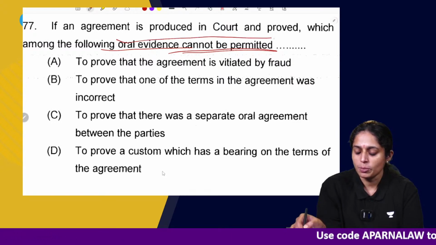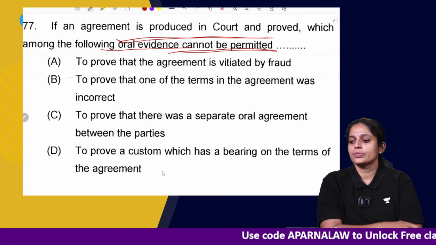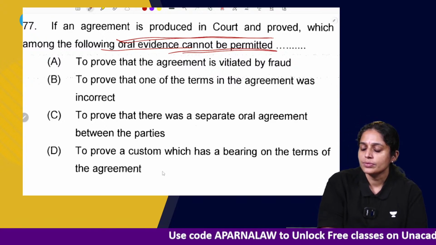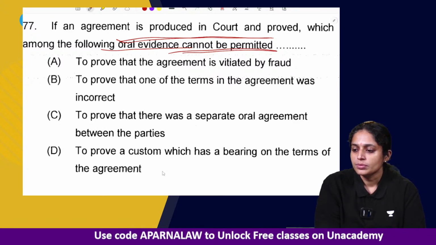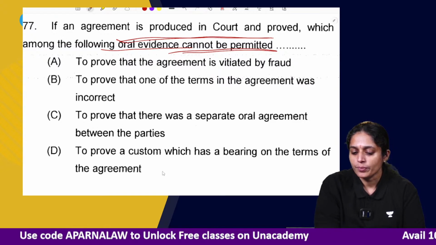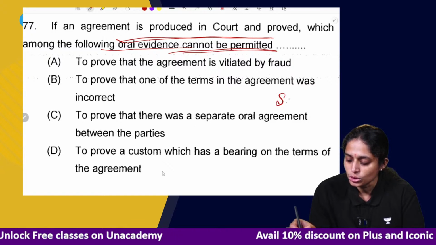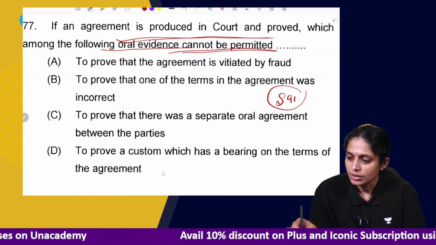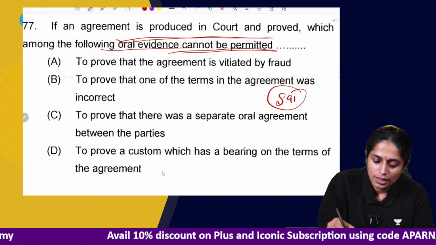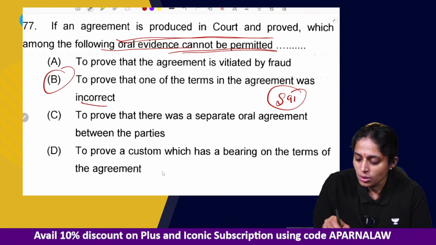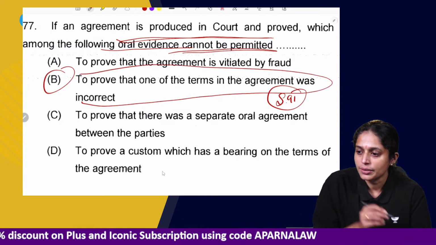Oral evidence cannot be permitted to prove what? So under section 91, this question is, it is B, to prove that one of the terms in the agreement was incorrect.